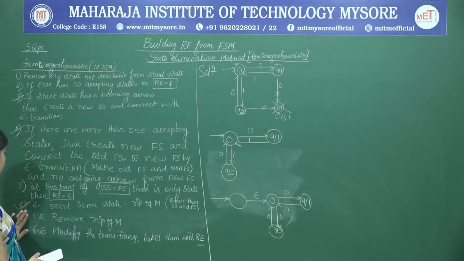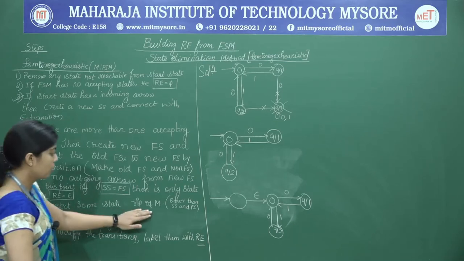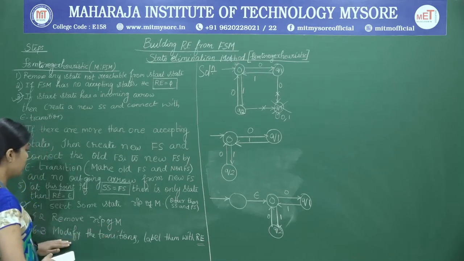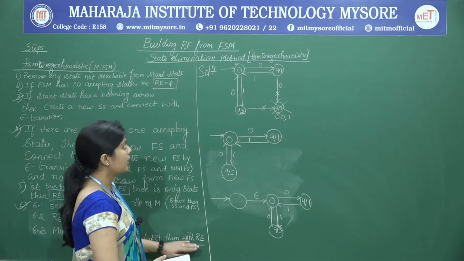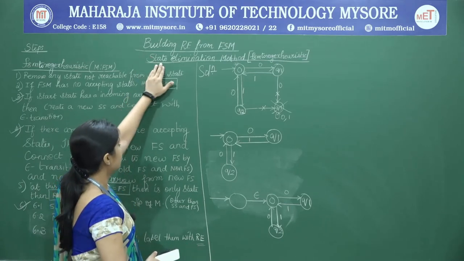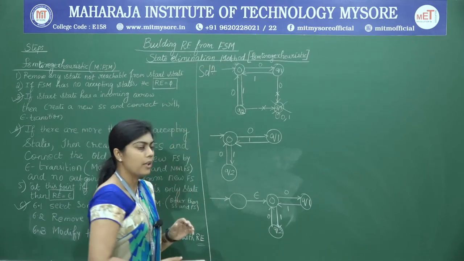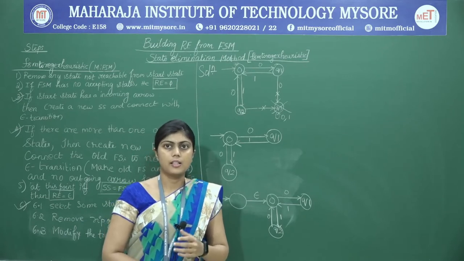Then we go to the sixth step and follow it in a loop: select some state to eliminate, remove that state, and modify the transitions with a regular expression. That is why this entire method is called the state elimination method. We are going to eliminate every state apart from the start state and the final state.